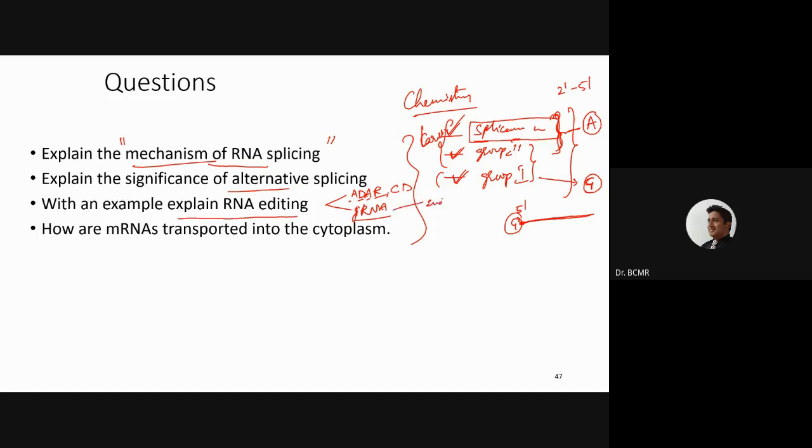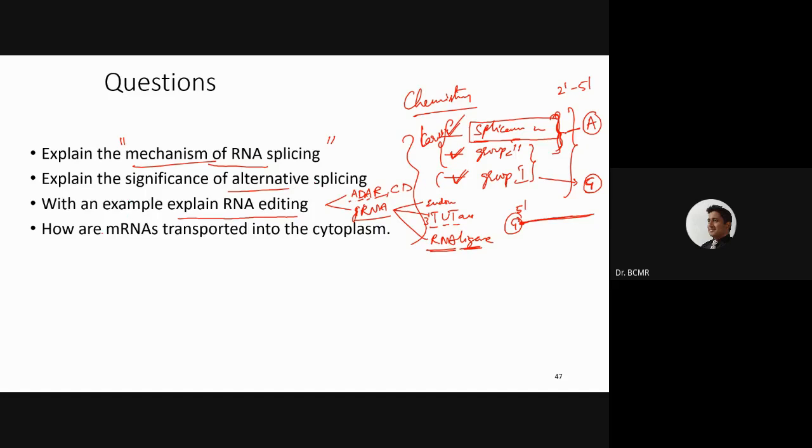It would require an endonuclease, TUTase, that is 3' terminal uridylyl transferase, and it will require RNA ligase. Don't just write ligase. When we learned about replication, we learned about DNA ligase. This one is an RNA ligase.